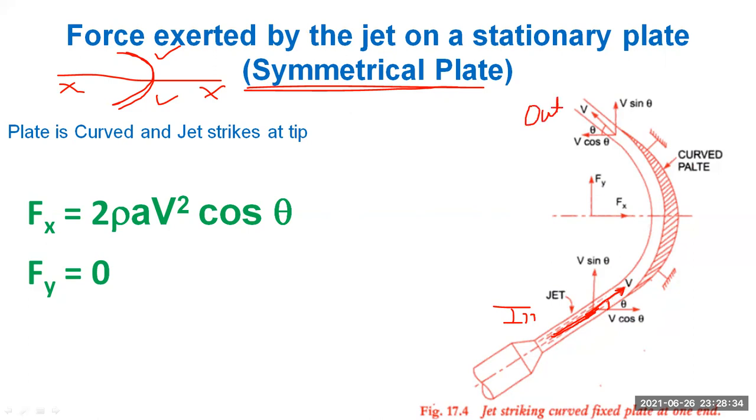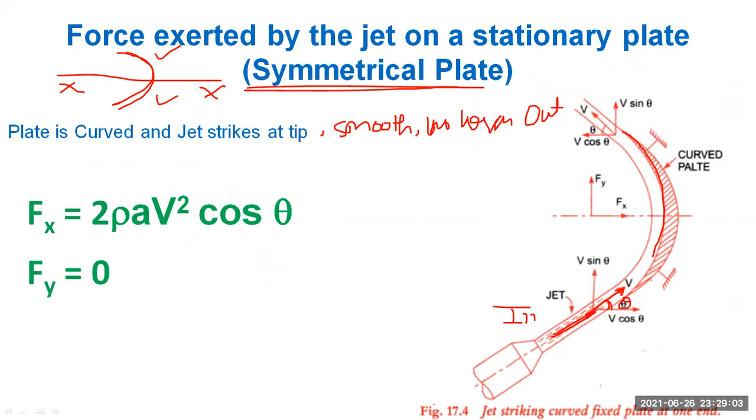At the inlet, the velocity with which the jet is striking is at an angle theta. And see the assumption we have made here: the plate is assumed to be a smooth plate. If the plate is smooth, there will be no losses.